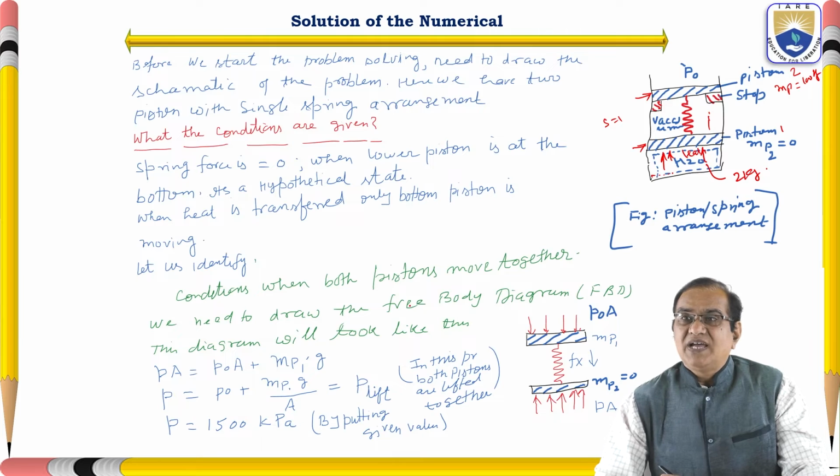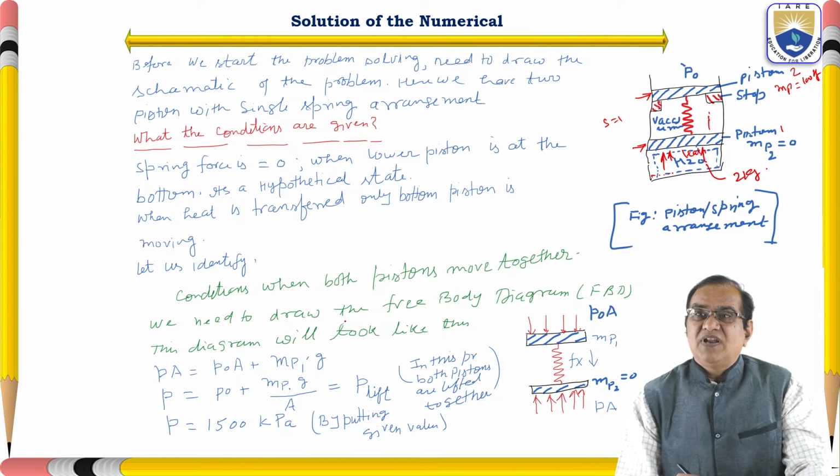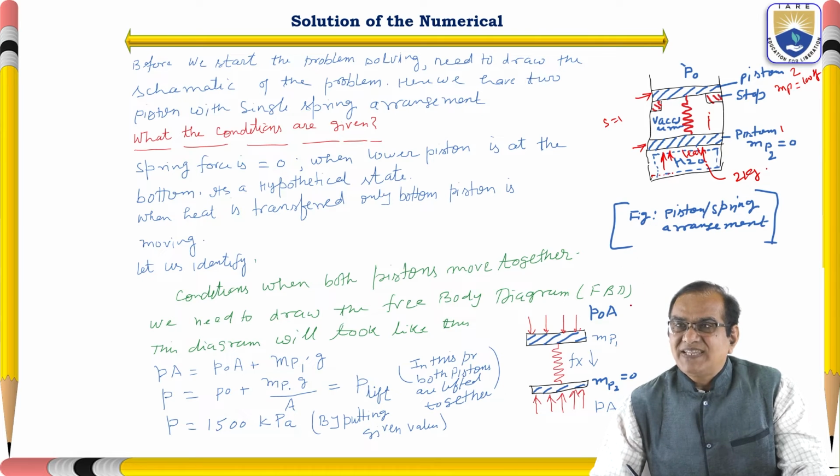We need to draw the free body diagram. The diagram will look like this. You can see that this is MP1, given as 100 kg. This is MP2, equal to 0 kg.